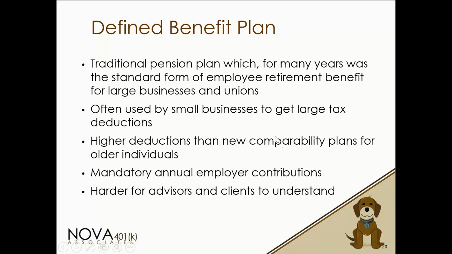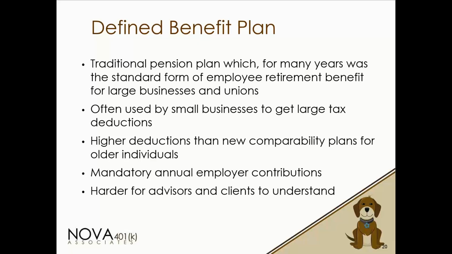One thing I really want to point out here, I'll circle it, is mandatory annual employer contribution. That's the IRS gotcha for businesses when they sponsor pension plans. You have to make a mandatory employer contribution. That mandatory amount comes from the actuarial report, which determines the annual minimum each year based on some required assumptions given to us, the actuaries, by the IRS.